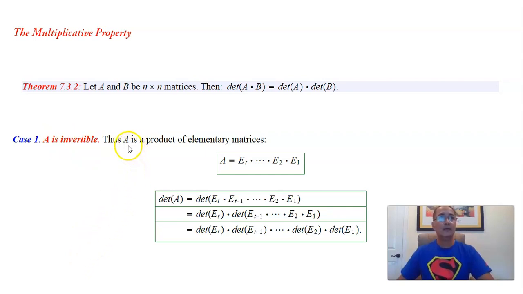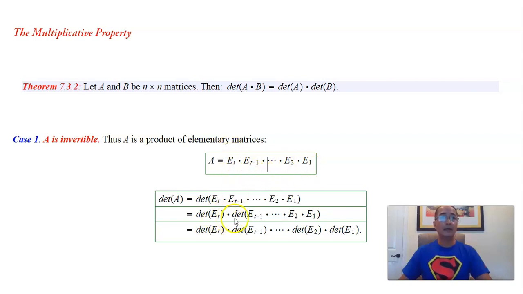In the first case, we can write A as a product of elementary matrices. So again, let's write A as E_t times E_{t-1} all the way down to E_1. I guess I should have an E_{t-1}. There you go. So, just like last time, the determinant of A is the determinant of this long product.